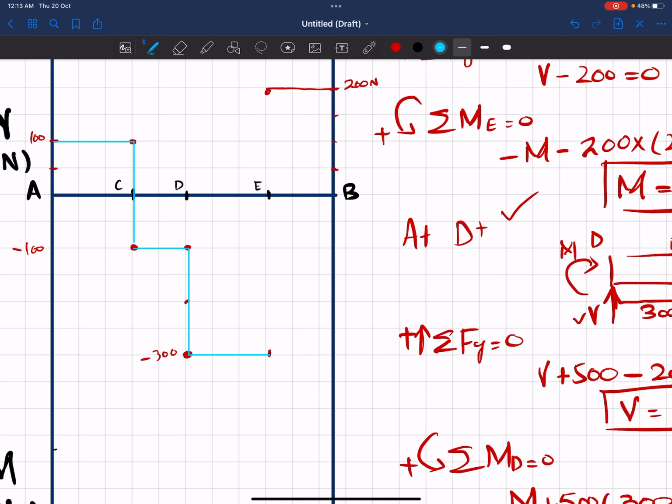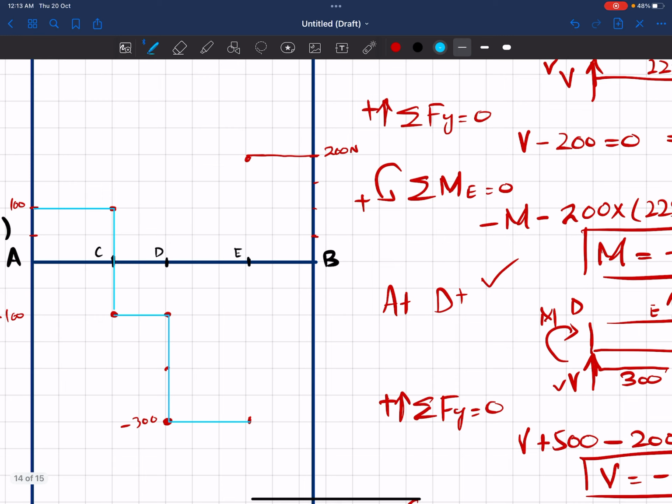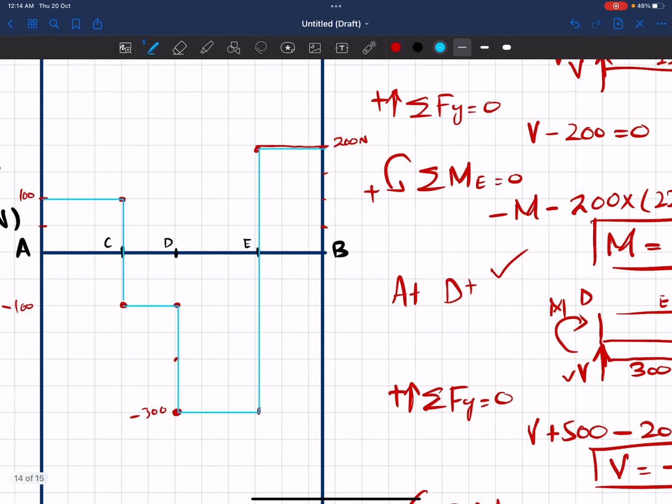At point E the load changes from minus 300 to 200, so we will go straight up, and from E to B we have a horizontal line. So this is your shear force diagram.